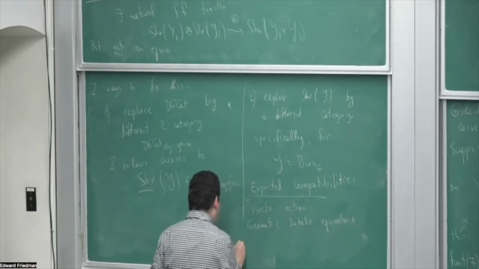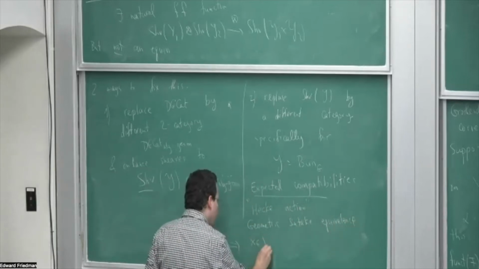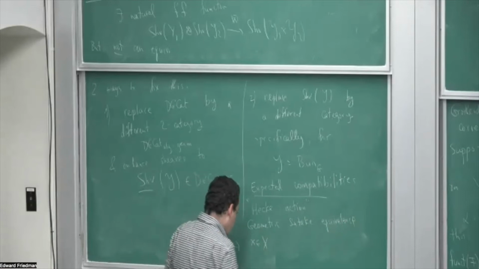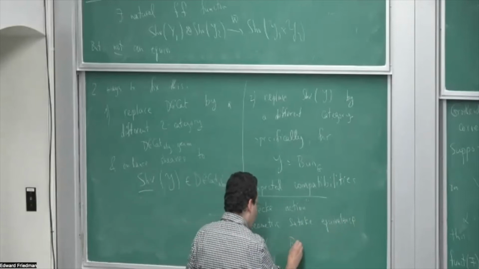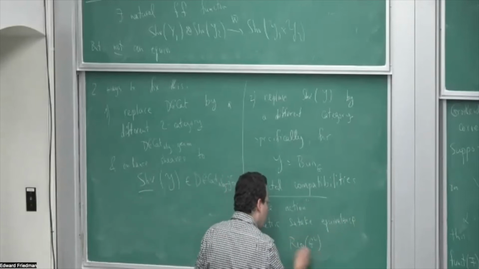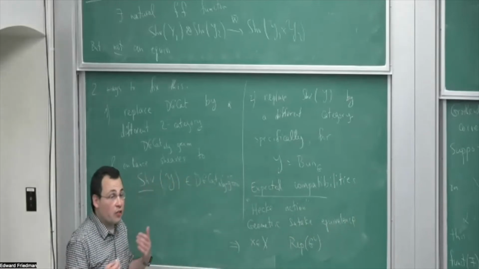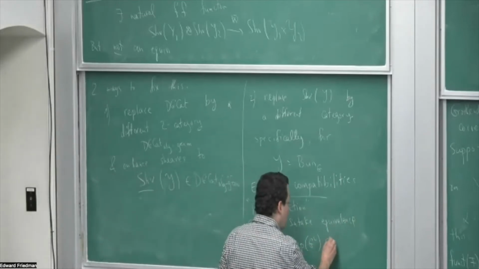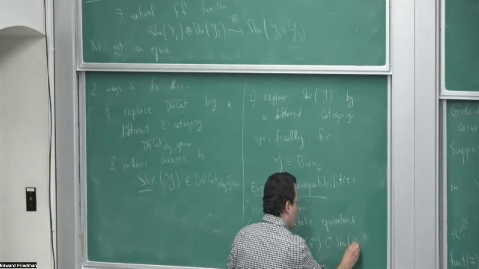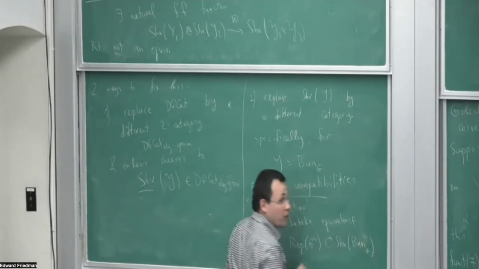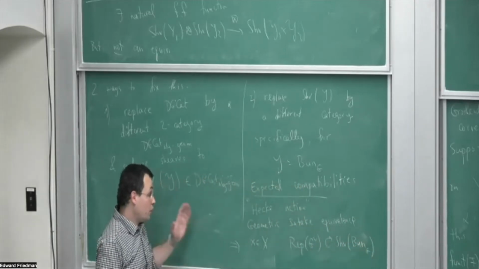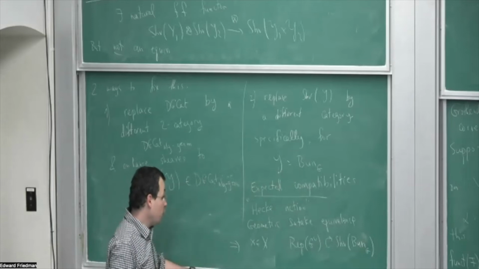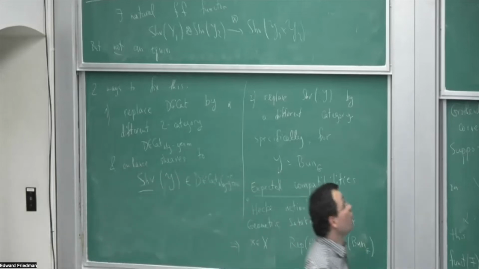And what it does for us is that if you take a point on the curve, for every point, it gives you an action of the category of representations of the dual group on this category of Sheaves. That's something that comes out of what the geometric Hecke equivalence is.